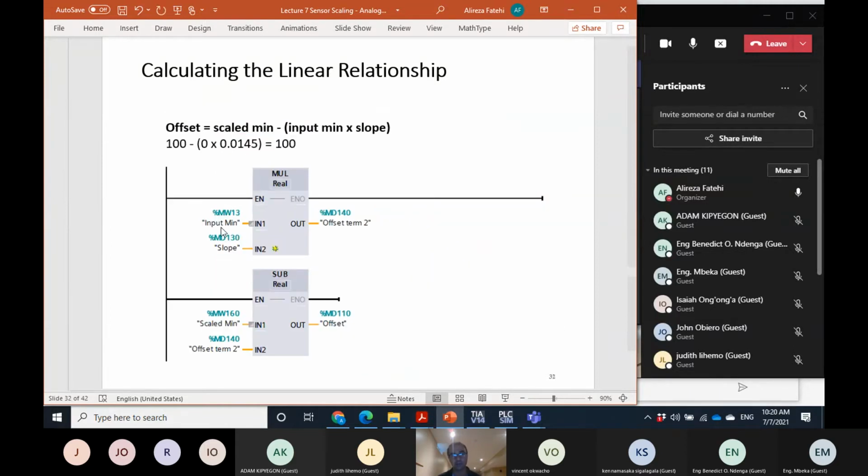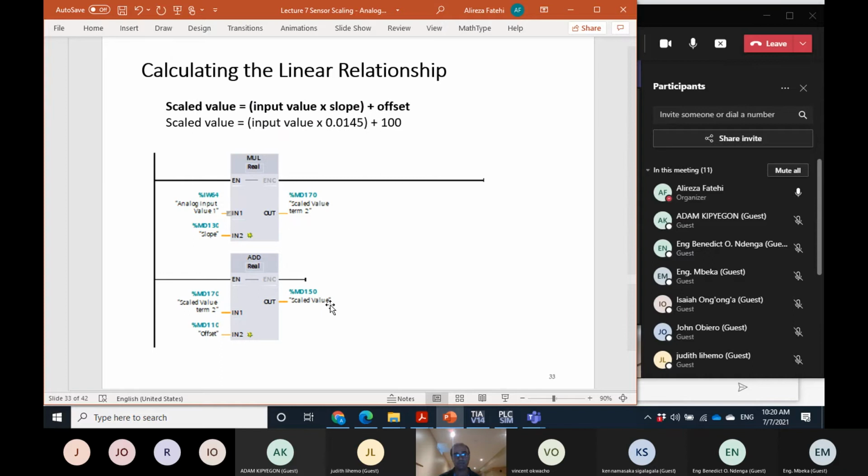Okay, so then multiplication of the input and the slope gives the offset term number 2, and then subtraction of this term from this, so subtraction, and this is the offset. And finally, this formula: input value, IW64, input value multiplied by the slope, this term, and then add the offset to that to have the scaled value.